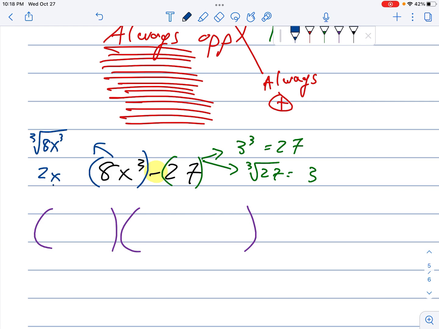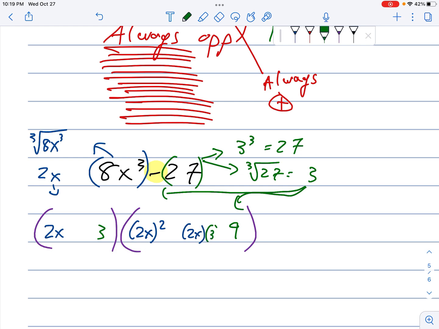First term, second number. Or first number, second number. First number squared. Last number squared. I'm just going to write it as 9. Middle is 2x times 3.